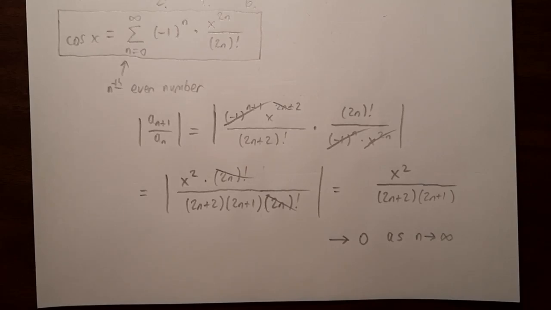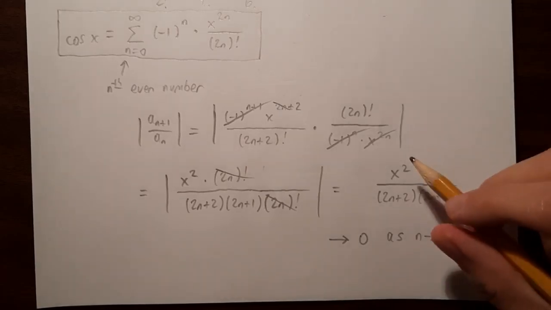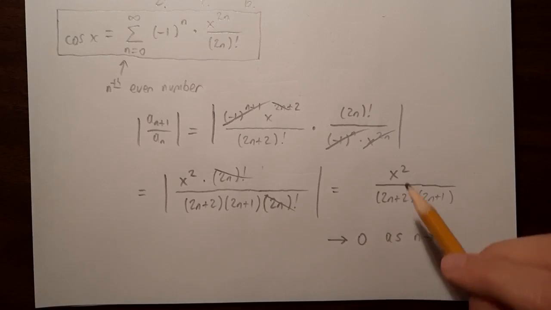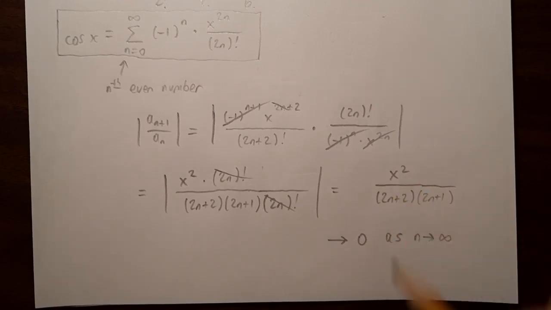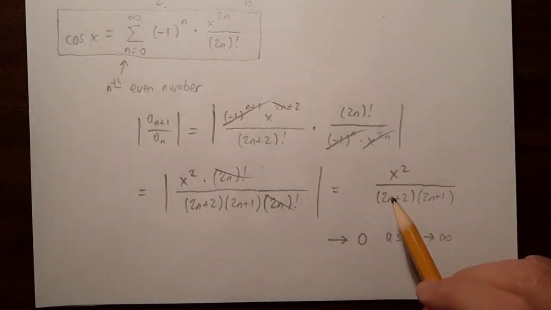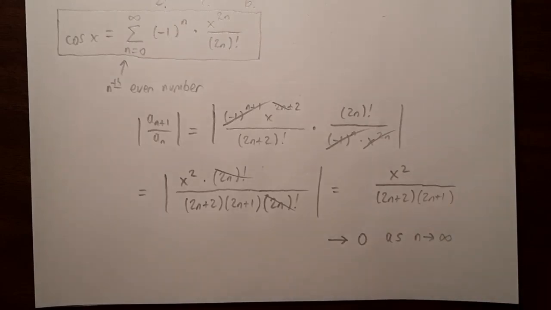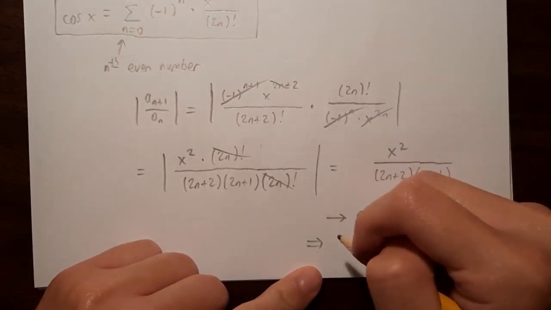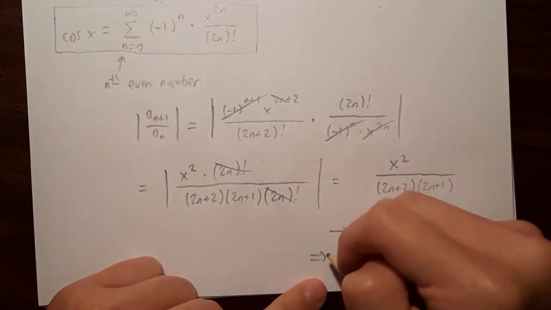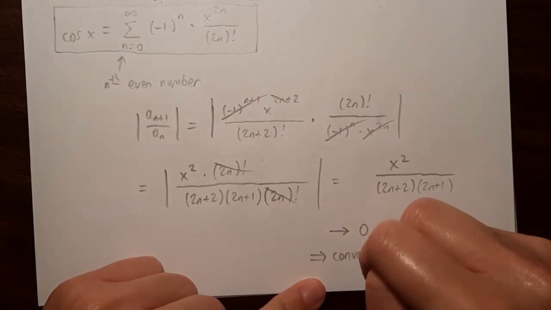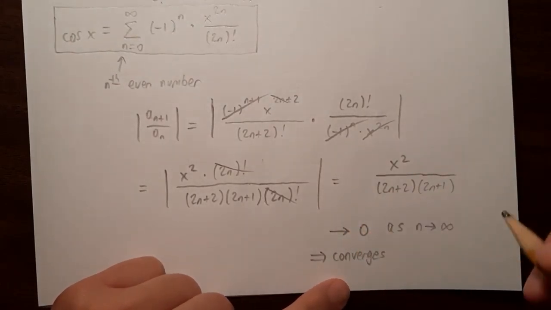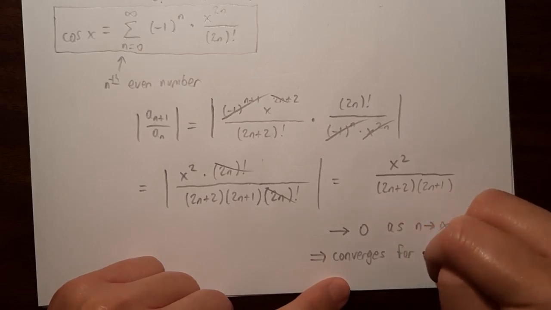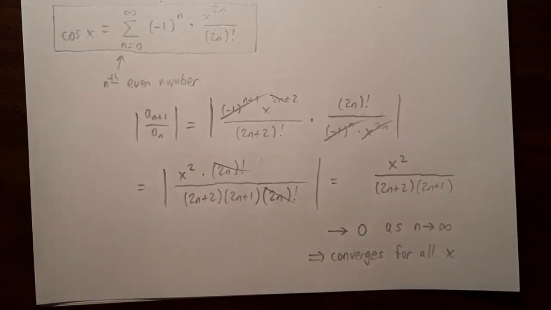And again, that works for all values of x. It doesn't matter what x you pick, you will always get 0, no matter how big x is, because if it's fixed, if it's a constant, it's eventually going to be dominated by this quadratic that is downstairs. So indeed, it converges to 0, which tells us by the ratio test that this Taylor series, or power series rather, any series, the ratio test doesn't care, it converges for all x values.